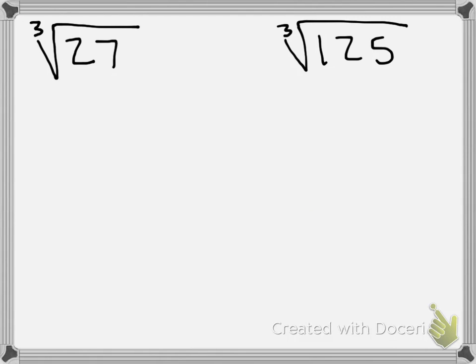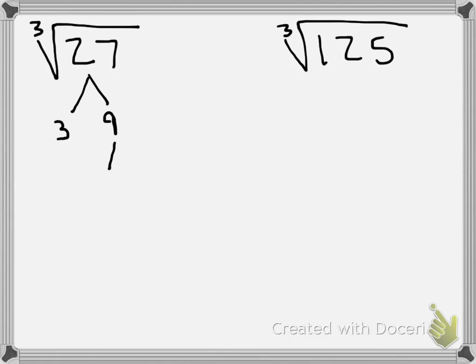Let's do a few examples of cube roots. So let's say we take the cube root of 27. The first thing you need to do is make a factor tree, unless you memorize all the cube roots. I would make a factor tree, and we know that 3 times 9 is 27.